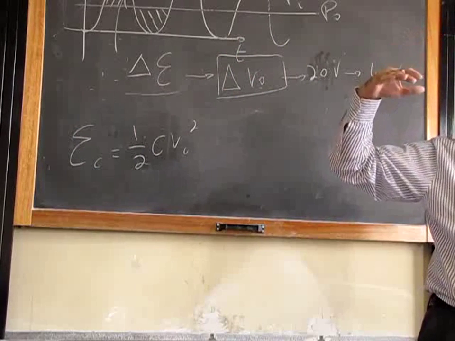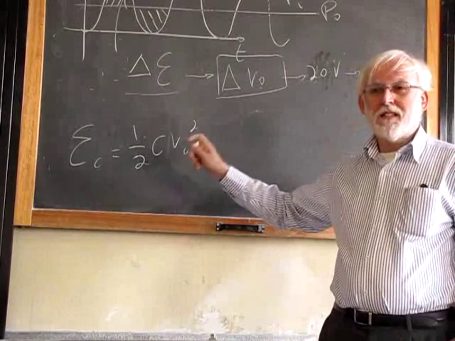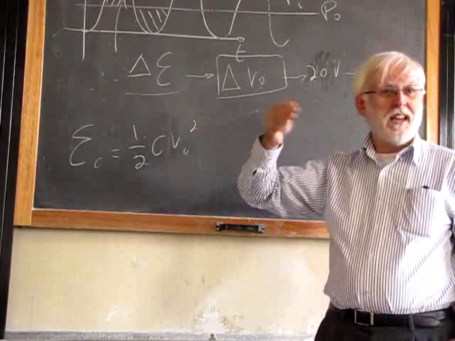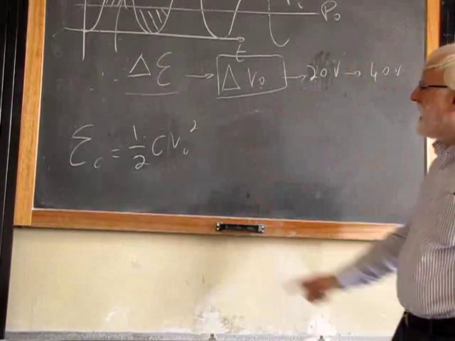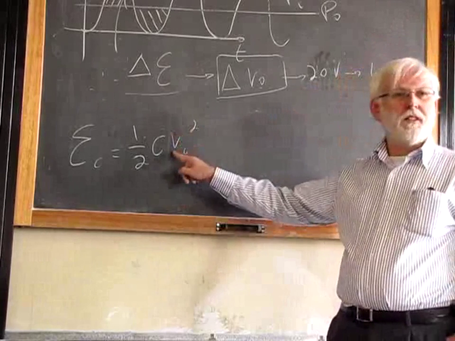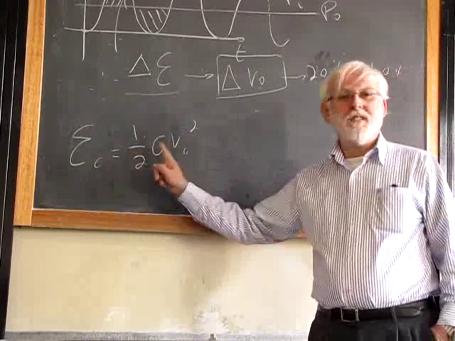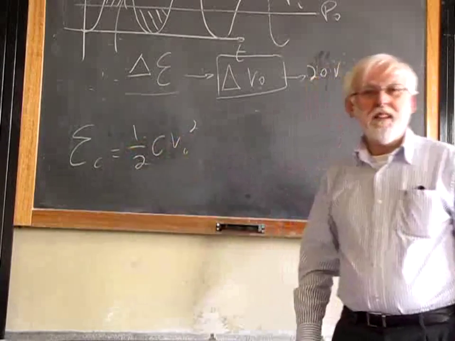That is my ripple. So I will never deplete my capacitor completely. My capacitor will just have a small variation of stored energy. So I cannot use this equation by itself. I cannot just put in 30 volts and whatever the ripple is. I need to differentiate this equation.